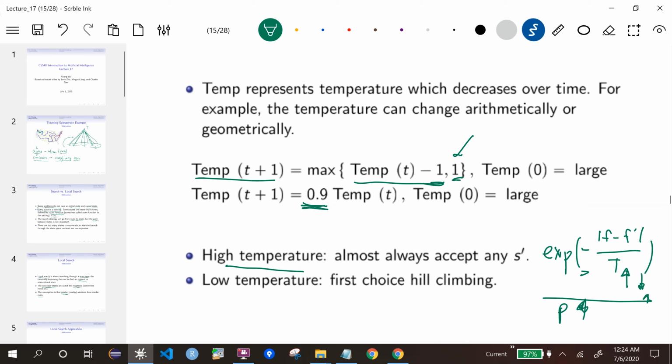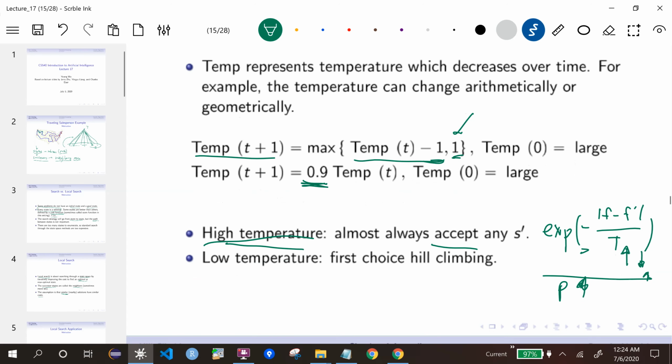So when the probability is large, it means no matter what state, whether it's higher cost or lower cost, we will always accept the change. So basically, at the beginning of this algorithm, where the temperature is high, we're just basically moving randomly in the state space. And that's what I mean by always accepting any neighbor. So we're basically moving among the neighbors randomly.